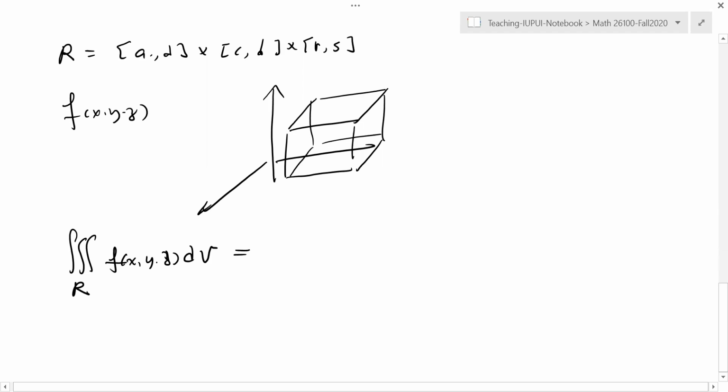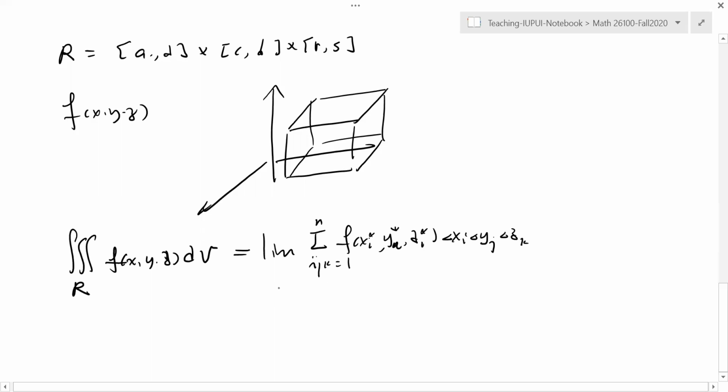This still uses the definition, the limit of a Riemann sum. The sum over i, j, k of f of x_i star, y_j star, z_k star, times delta x_i, delta y_j, and delta z_k.